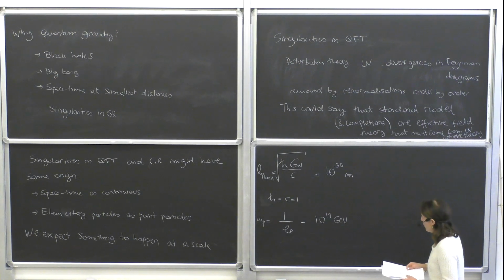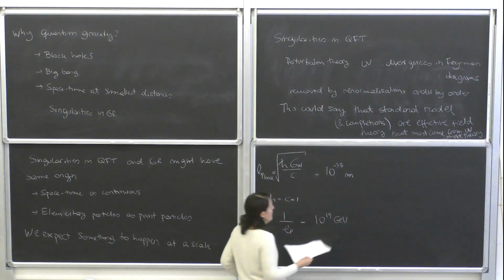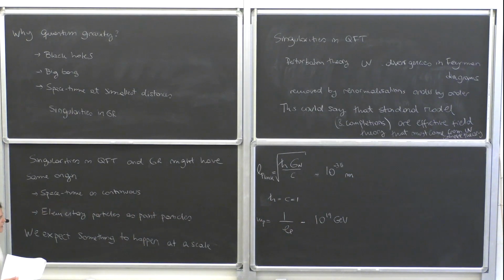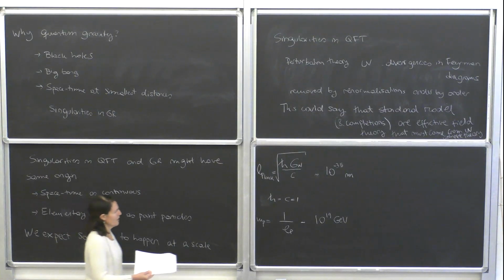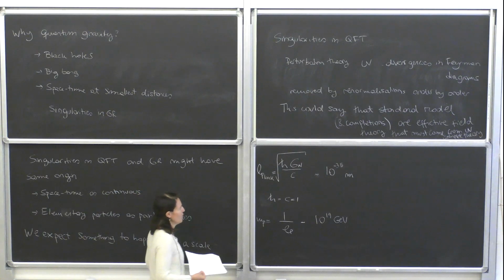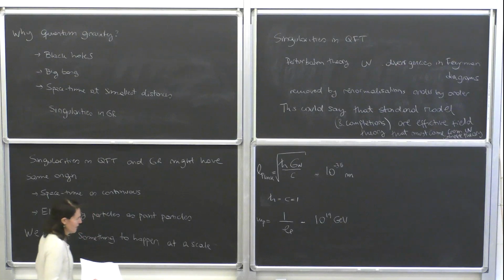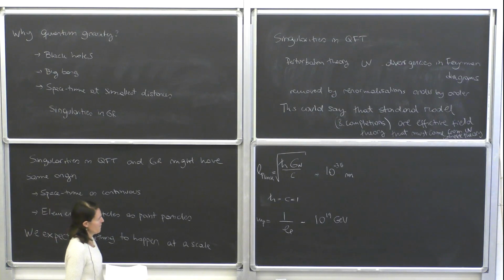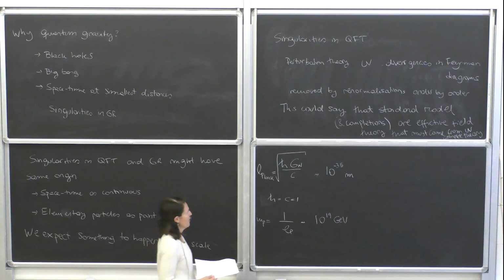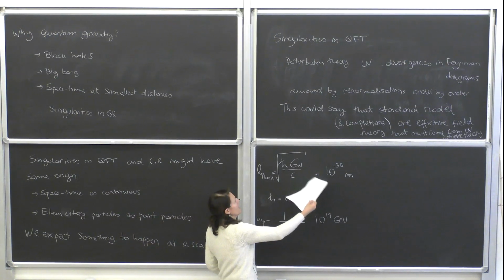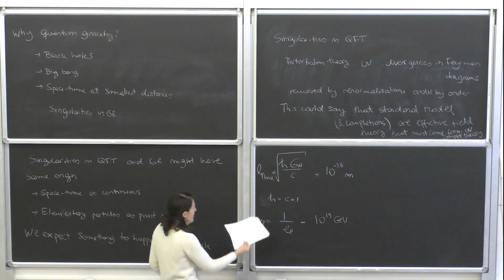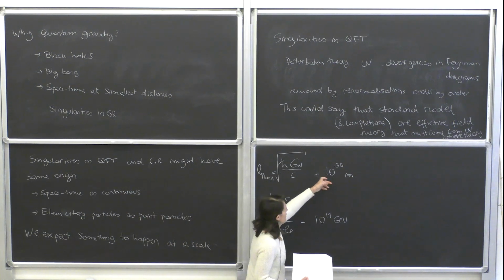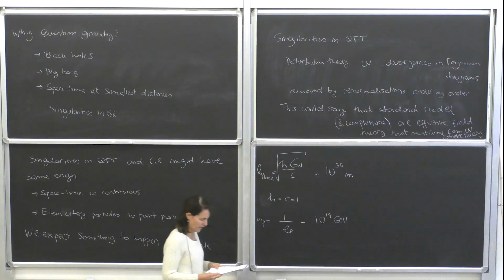So it's a huge scale, 10 to the 16 TeV. So if you know that the LHC has 10 TeV, this is 10 to the 15 orders of magnitude larger than the LHC scale. So length scales are tiny. The typical scale of quantum gravity is tiny in terms of distance and it's huge in terms of energy.